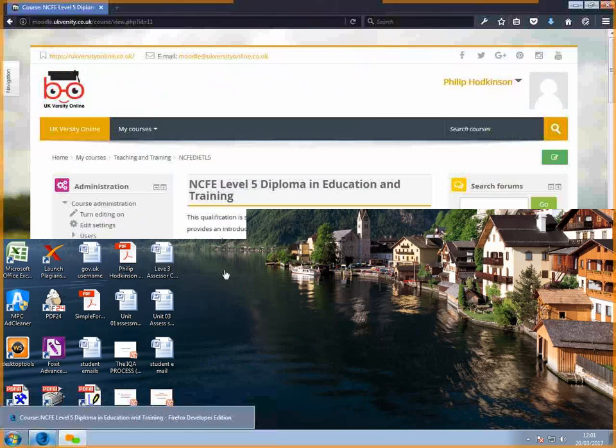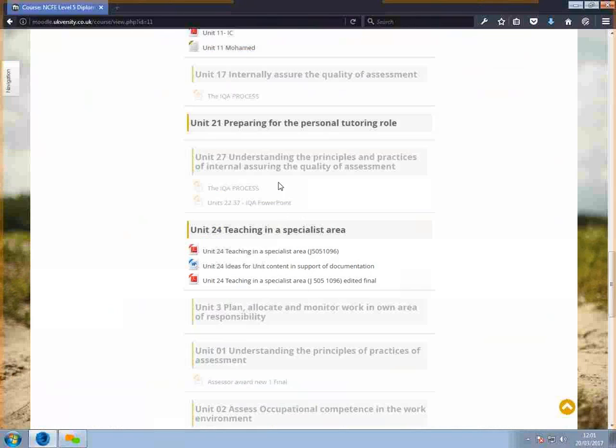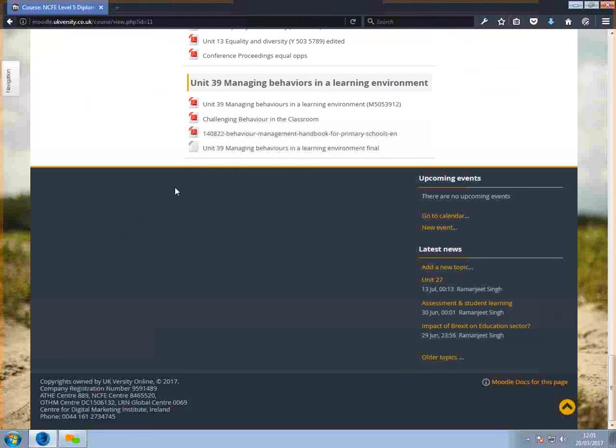I'm just going to go through the last of these this morning, which is Unit 39, managing behaviours in a learning environment.